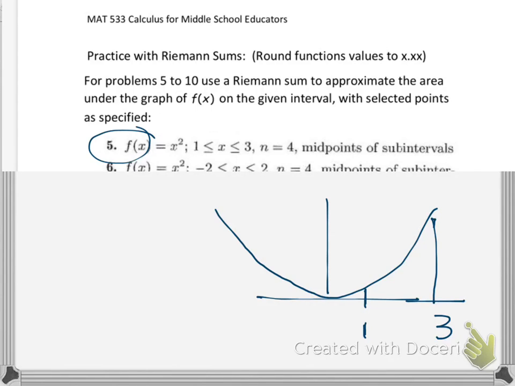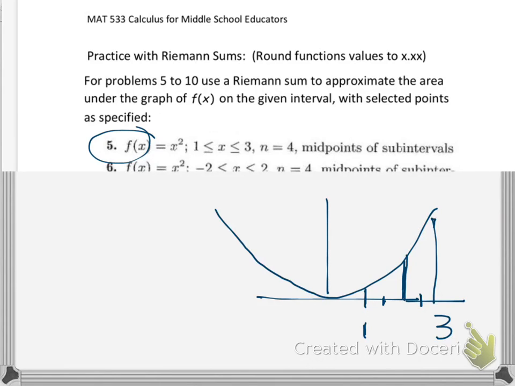So 3 minus 1 is 2 divided by 4 is 1/2. So that means each of the areas will be 1/2 in length. So that means that if this is 2, that this will be 1.5. Excuse me, this will be 2.5, and the first problem calls for the midpoints.